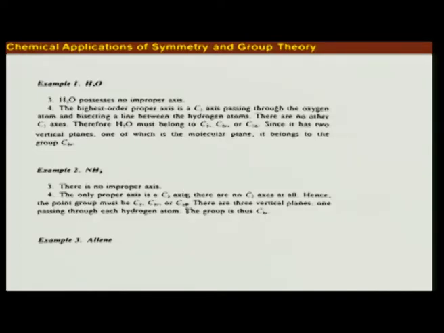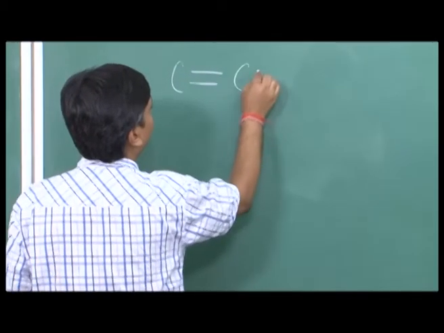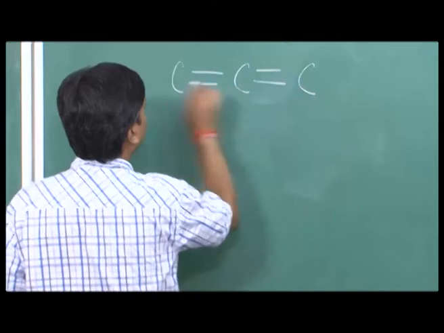So now we will look at the structure of the molecule allene. We have looked at water and ammonia. Now we will find out the point group of allene. So what is allene? Very easily I can write it like this.